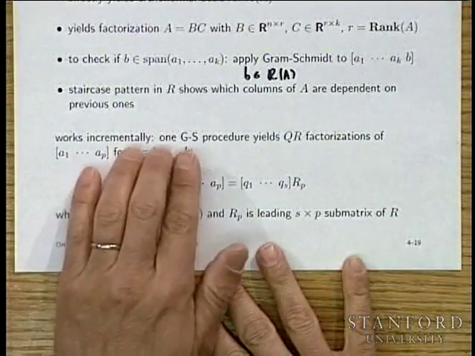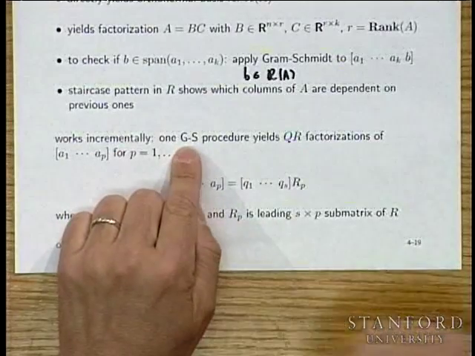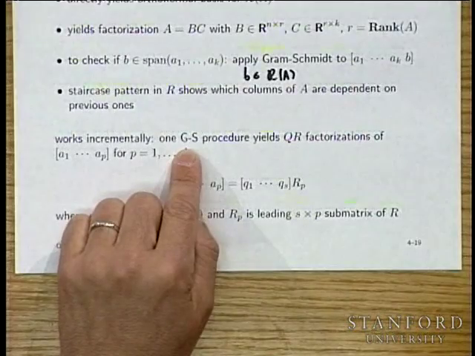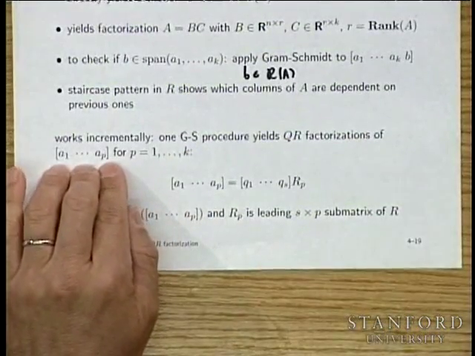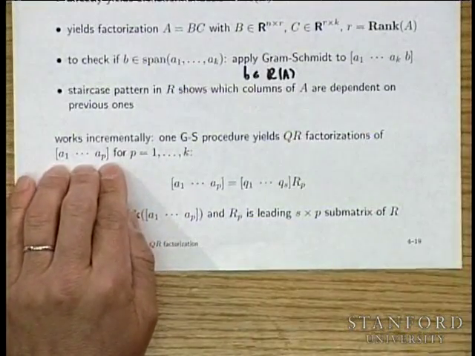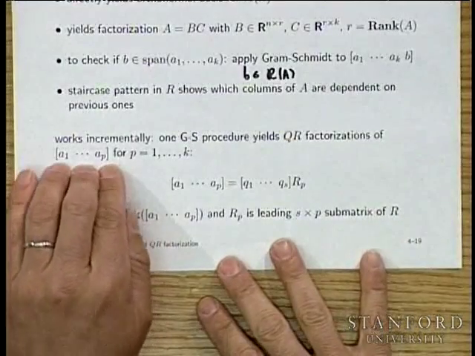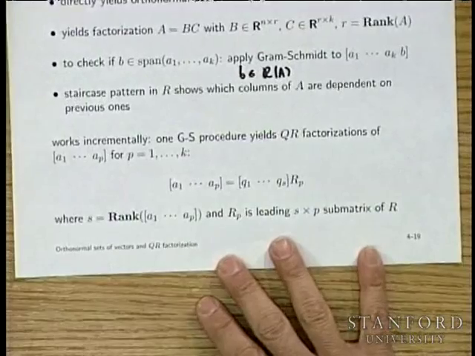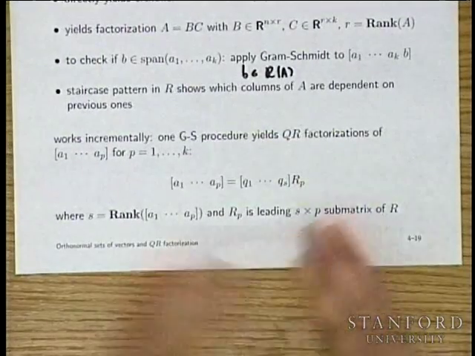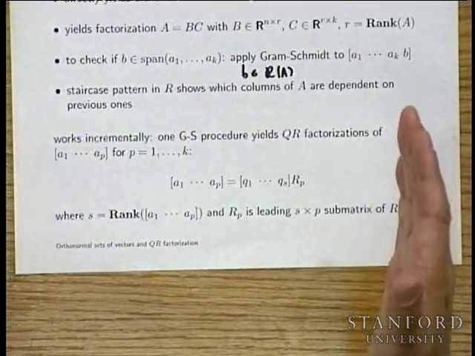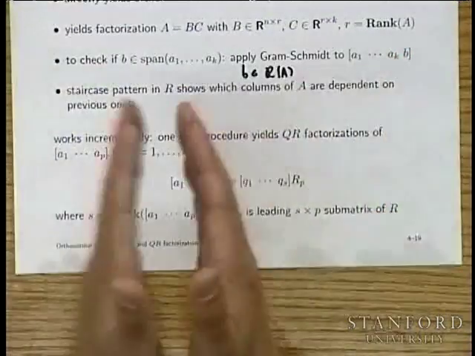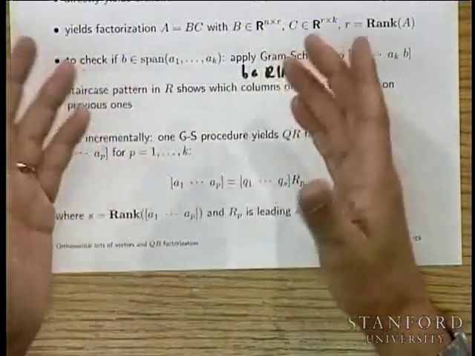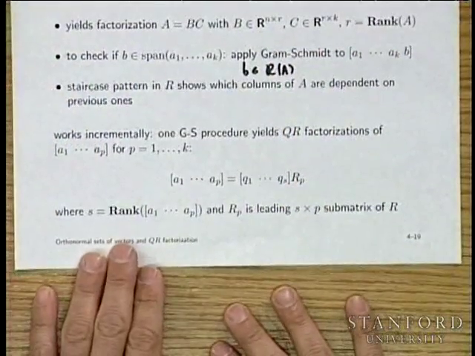Now, one interesting fact is that because of this causality, the Gram-Schmidt procedure yields a QR factorization if you stop it early. If you send a terminate signal to the QR process and it stops, it has actually calculated a QR factorization of the leading submatrix of A, consisting of the p columns it has processed.